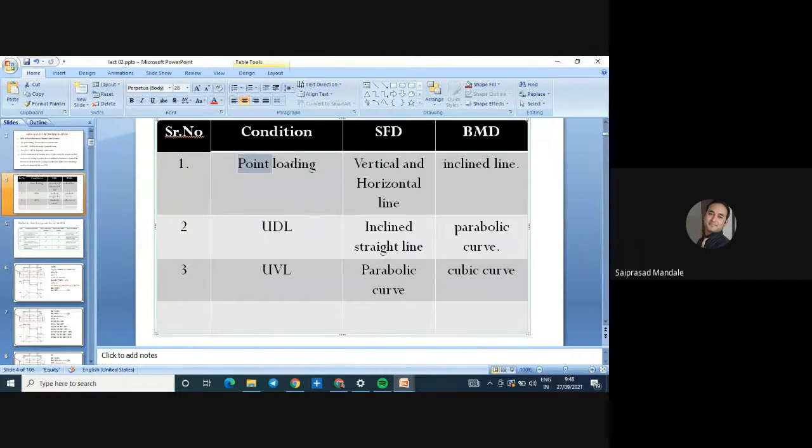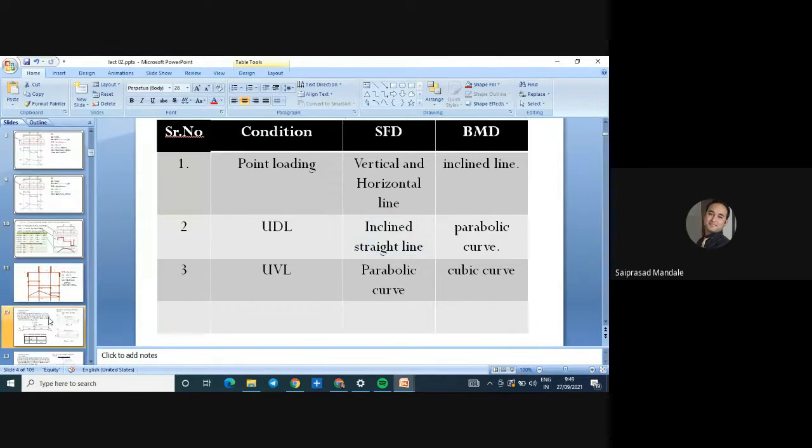When there is a UDL, it should be an inclined line. I told you at the beginning. Why inclined line? Because UDL indicates the intensity of loading is instantly dropping.